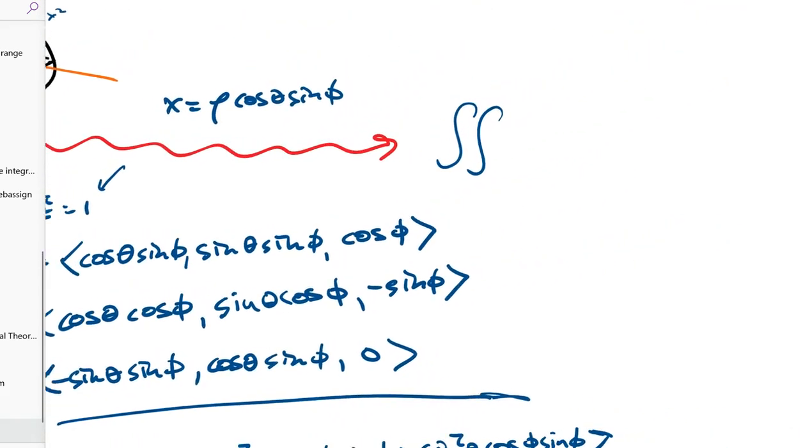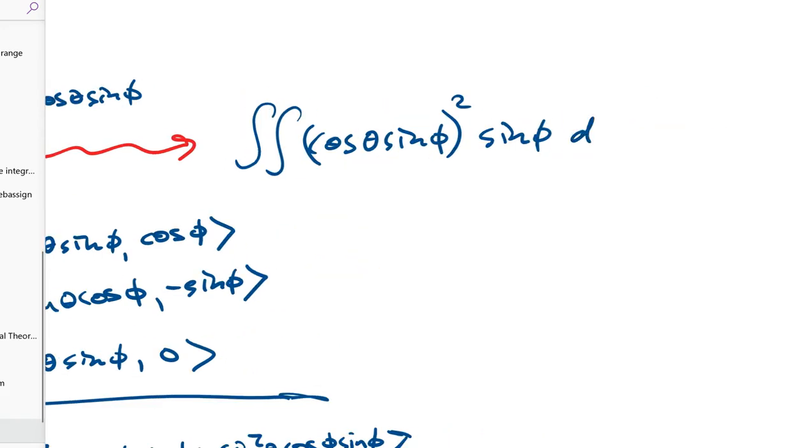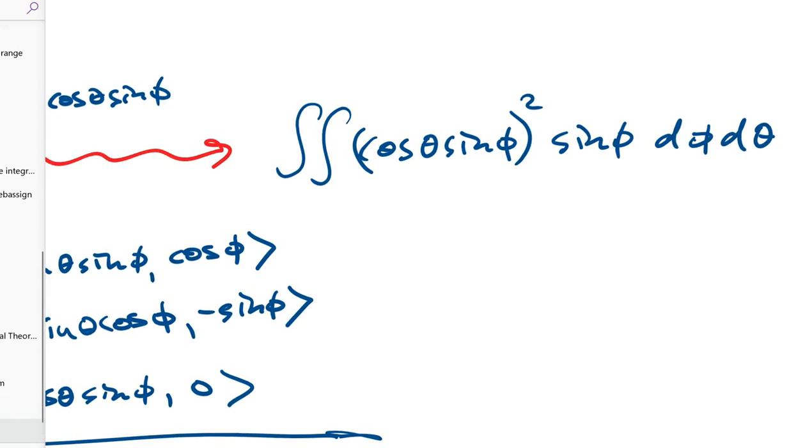Cosine phi, cosine theta sine of phi, so that would be cosine theta sine of phi, quantity squared, that's the x squared, and then sine of phi, and then d phi d theta. You don't need the Jacobian here because we never started out with x, y, and z. We're not doing a conversion here. We're not doing a transformation.